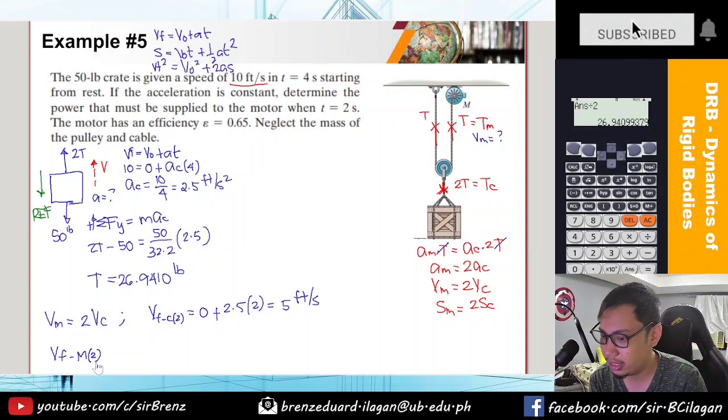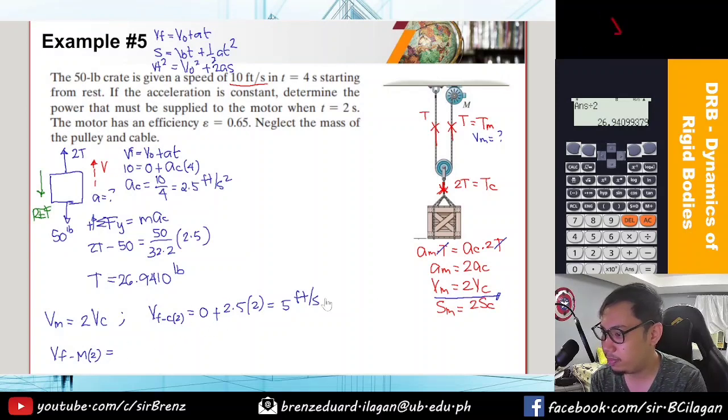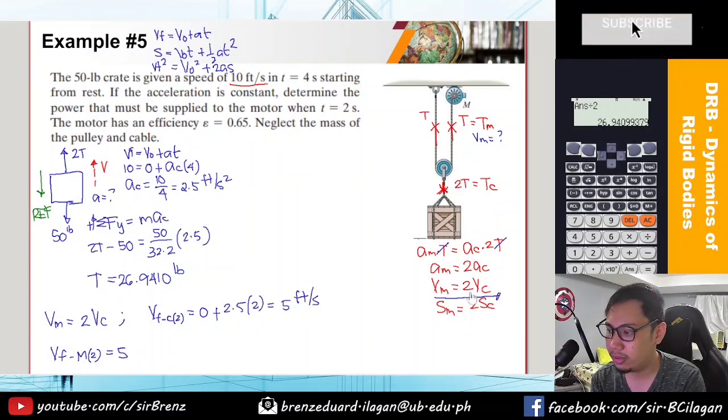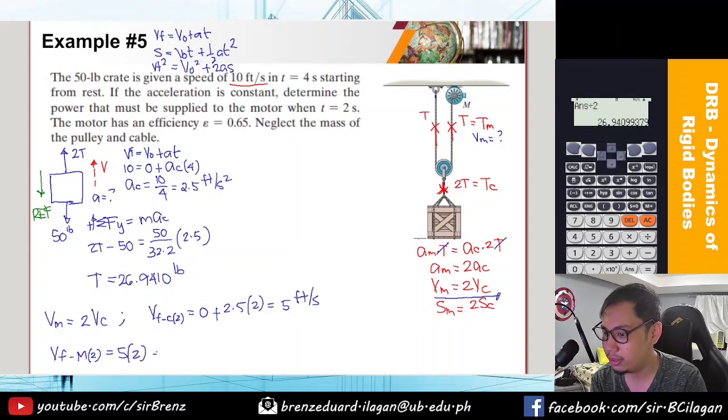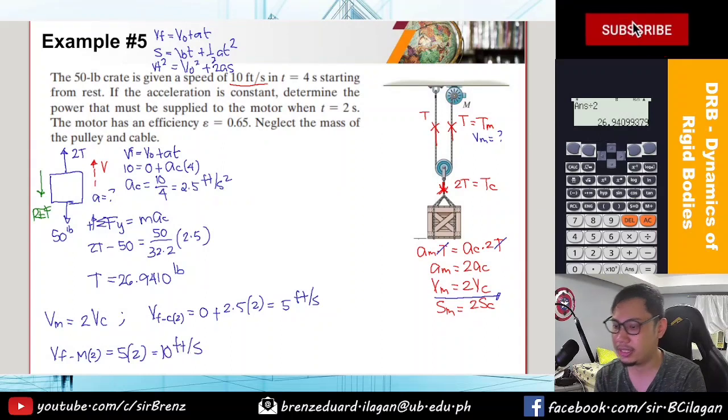So how do we do that? Again, we made this relationship. The final velocity after 2 seconds at point C is 5, so you just multiply it by 2. It says here that the velocity at M is equal to 2 times vC, from which vC is 5 feet per second. So we multiply it by 2, or that is 10 feet per second.